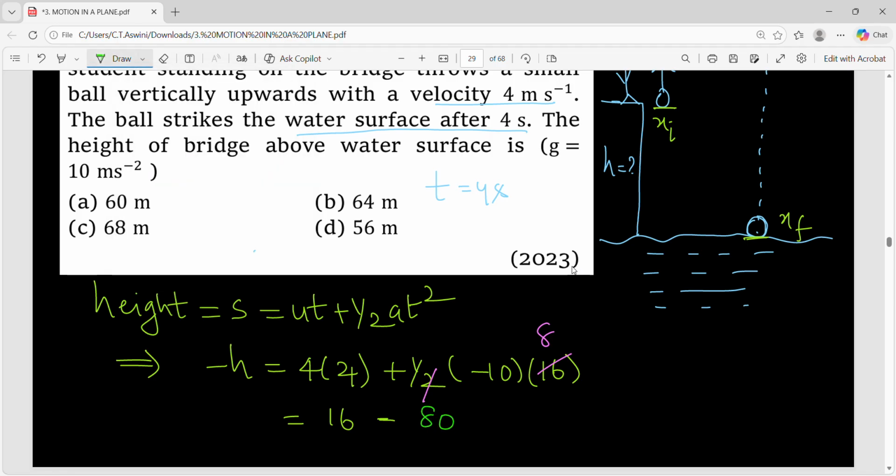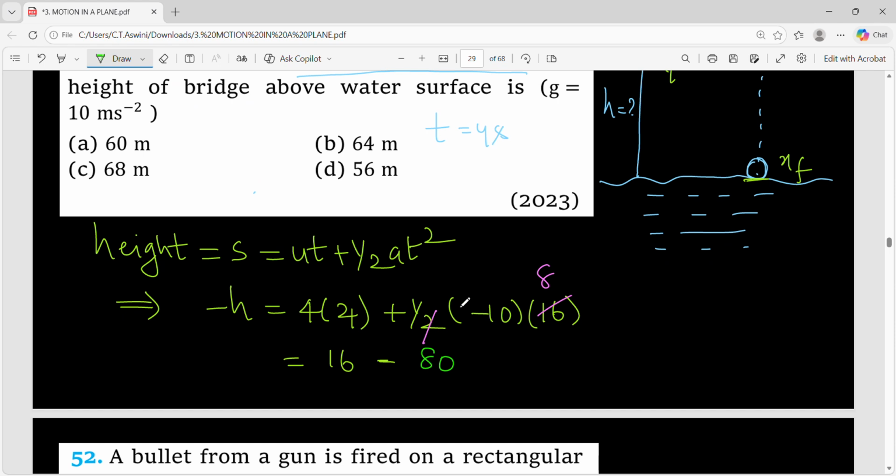So it is minus 80. 16 minus 80, how much? It is minus 64. So minus h is minus 64. Minus minus cancel. So h is how much? 64 meters.